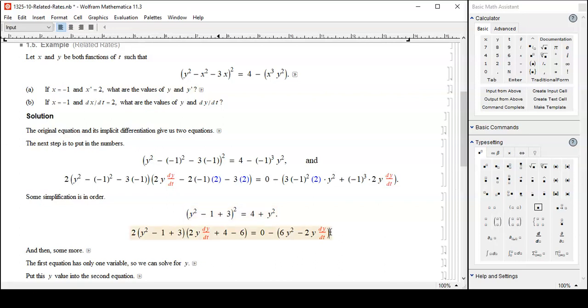Please check. -1 squared, so 1, and then negative positive, so +3. -2 times negative, so positive 4, and that's -6. Negative squared, so positive, 3 times 2 is 6, and that negative to the third power, so -1, so -2. All good?